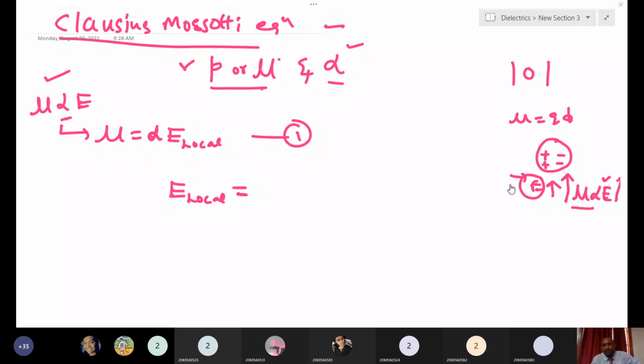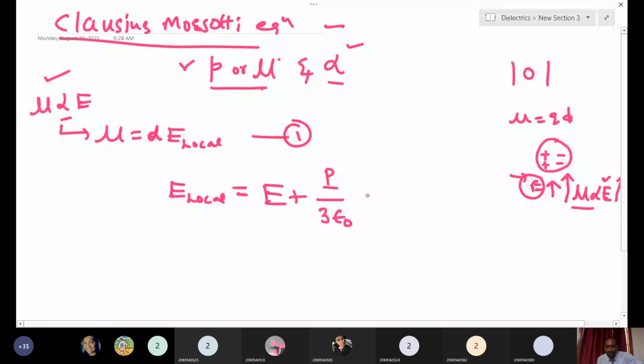Anybody solved it at least? I think you don't have time for this. Don't know? Okay, no problem. E plus capital P by 3 epsilon naught. Is this the correct one?